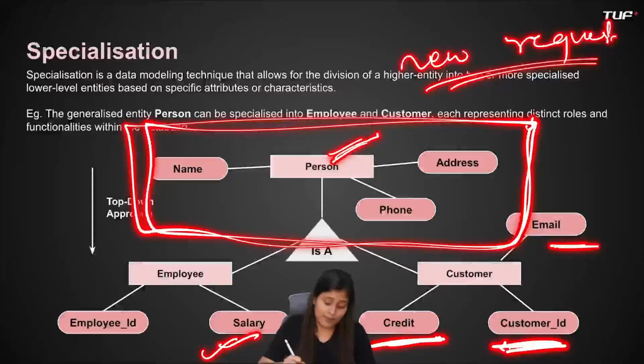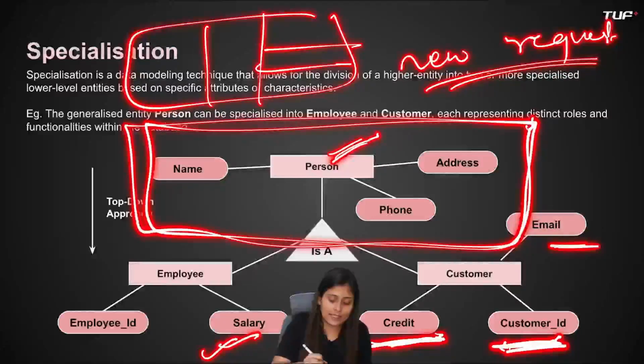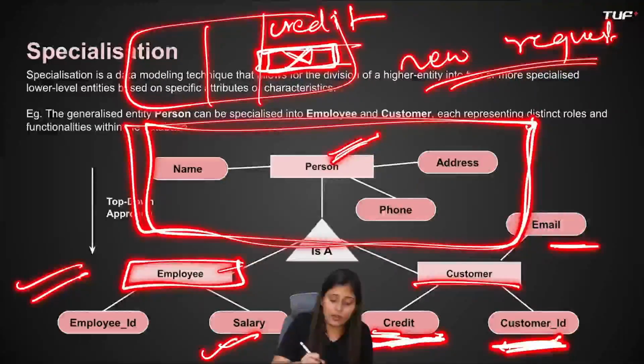But for another person, it might happen that credit and customer ID do not apply. In that case, when making a table, we would have to leave that space empty. Let's suppose credit. The employee who does not have credit will lie here, not in customer, so we will have to make this a null value.